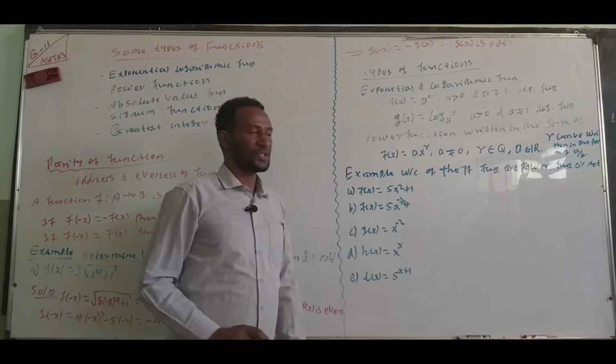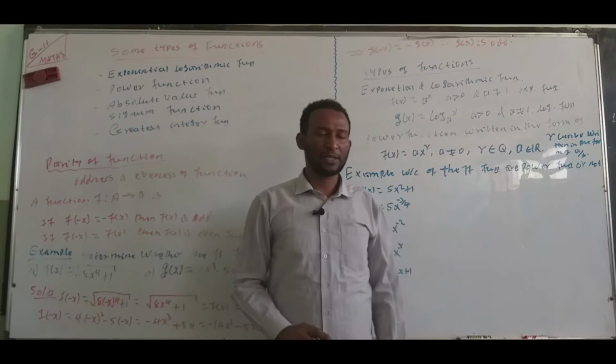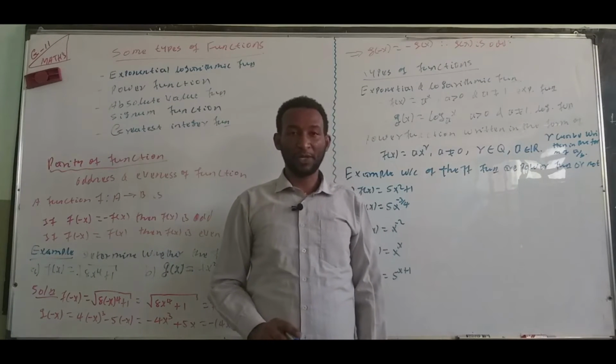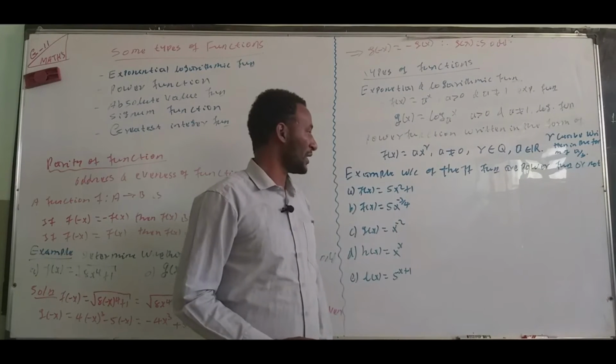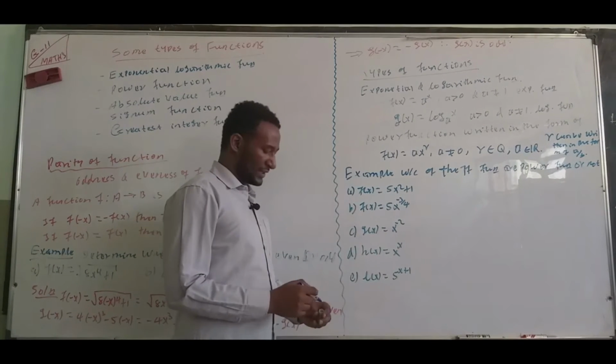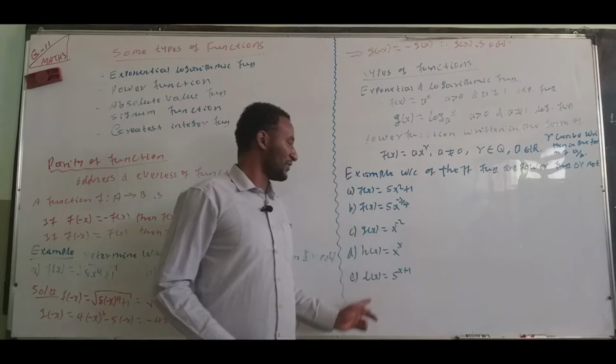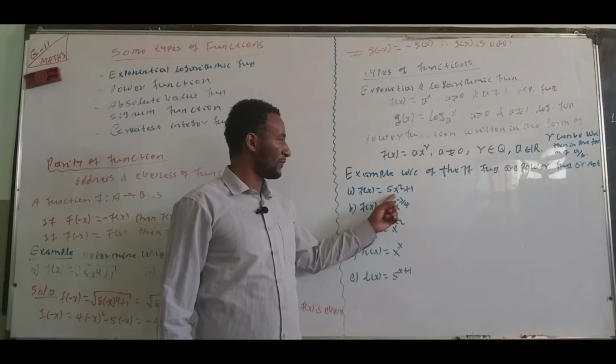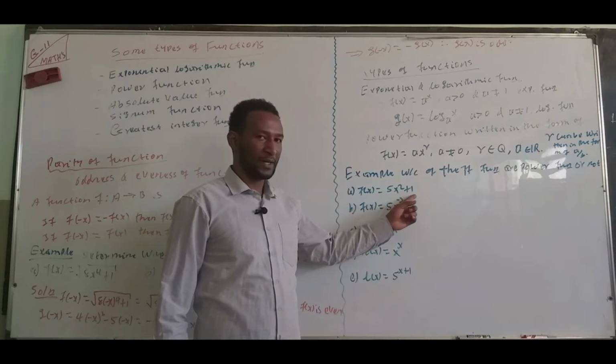Because an integer is a rational number that can be written in the form a over b, r can be any integer.